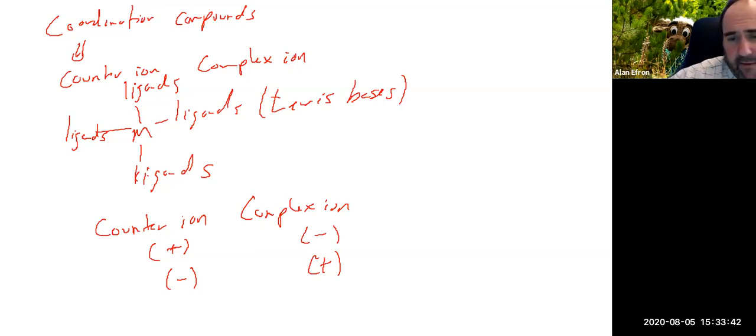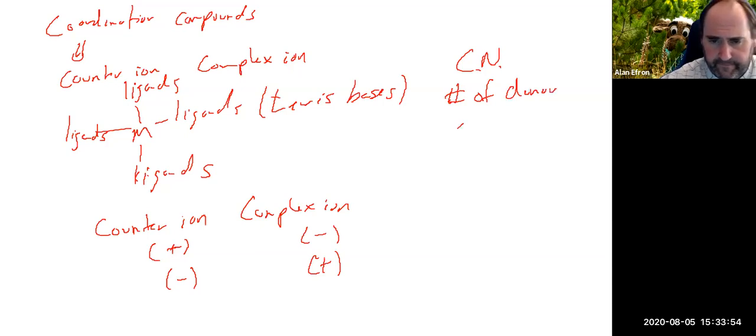Now, when we talk about complex ions, we talk about coordination number. Coordination number is the number of donor atoms attached to the metal in a complex ion.